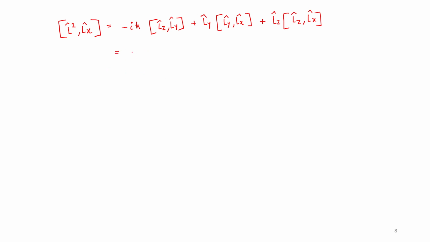So here we got minus iħ multiplied by Lz Ly. We know Ly Lz, we know, right? That is iħ Lx, right? So minus of that will be minus iħ Lx.